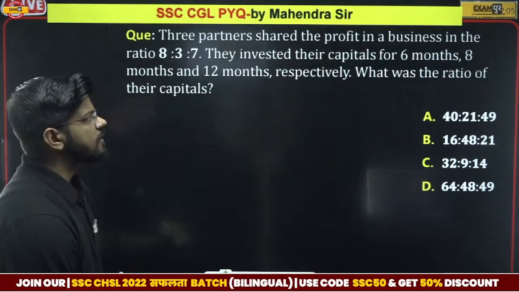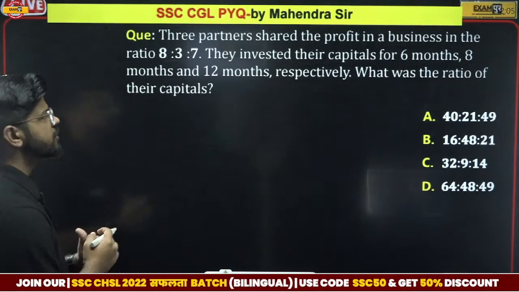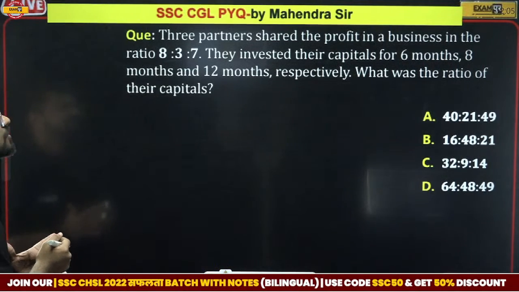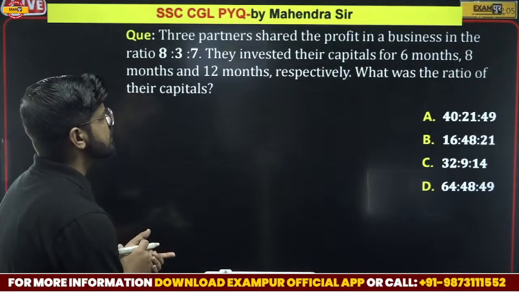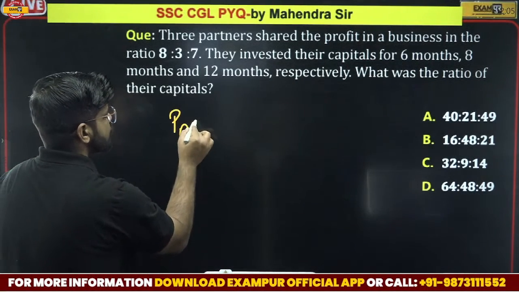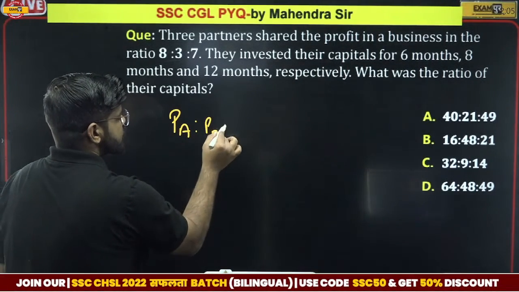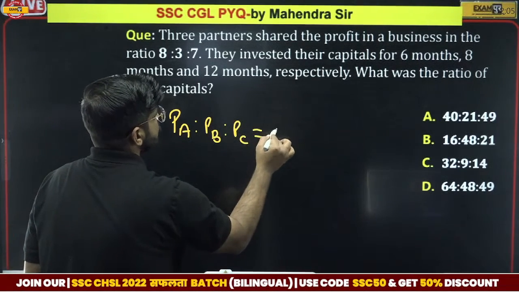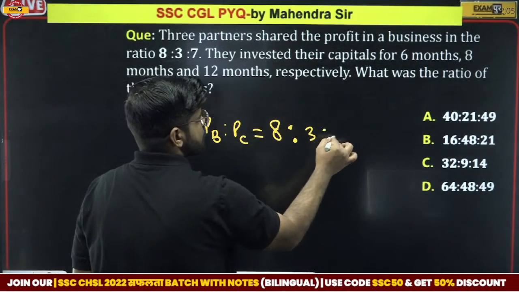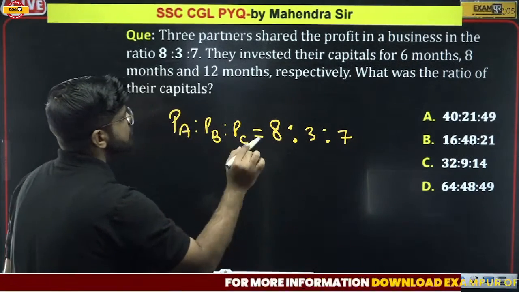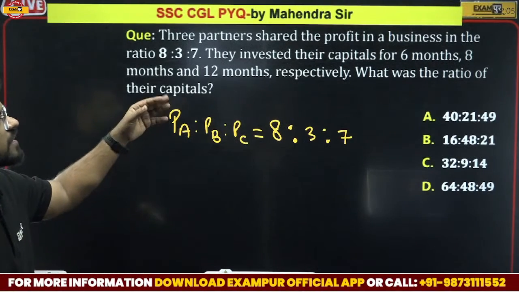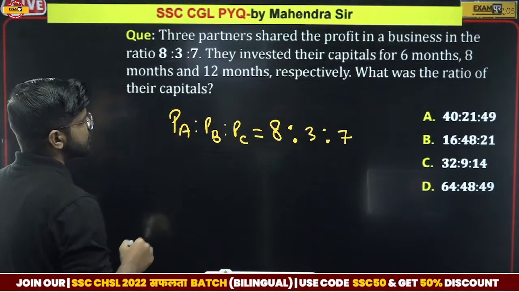So we are getting another question here. Three partners shared the profit in a business in the ratio 8:3:7. So this is the profit ratio. And they have invested their capital for 6 months, 8 months and 12 months.